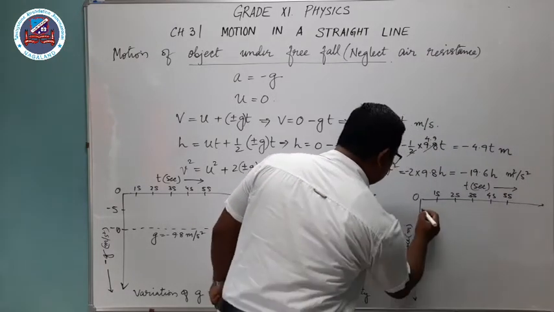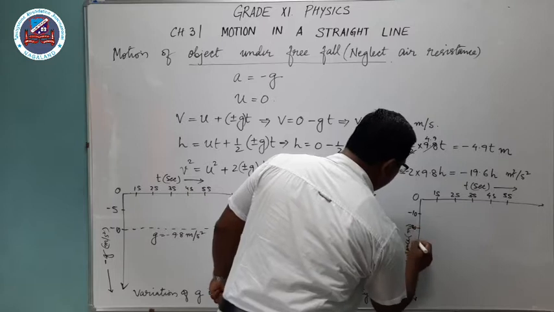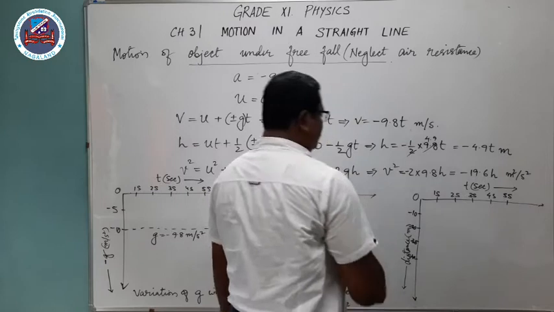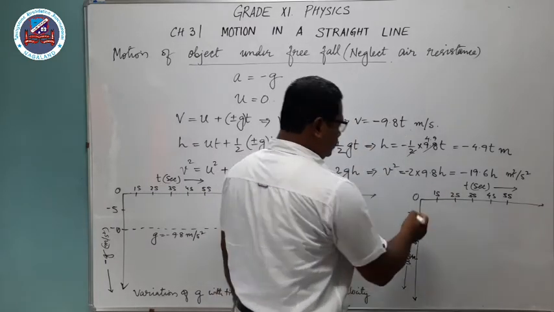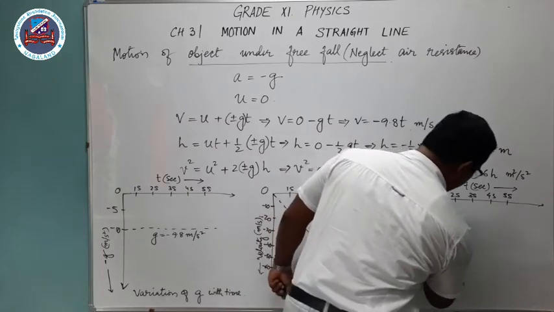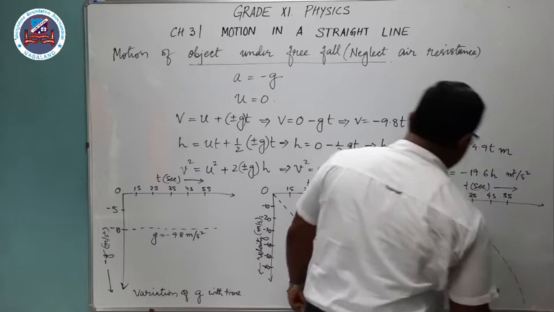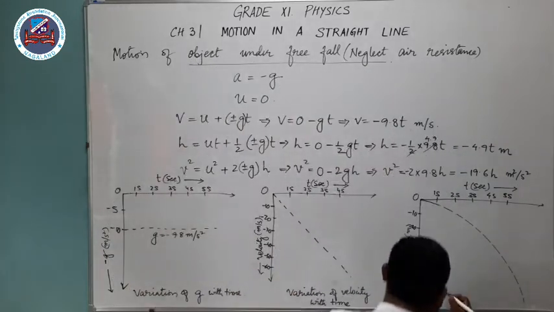In this case, minus 10 meter, minus 20 meter, minus 30 meter, minus 40 meter. If you plot it like this, the variation of distance with time will be inversely proportional. The graph will be of this nature. Like this you can represent. This is variation of distance with time.